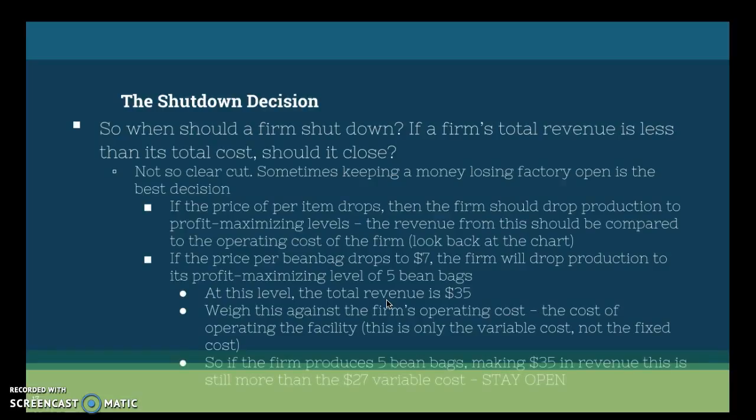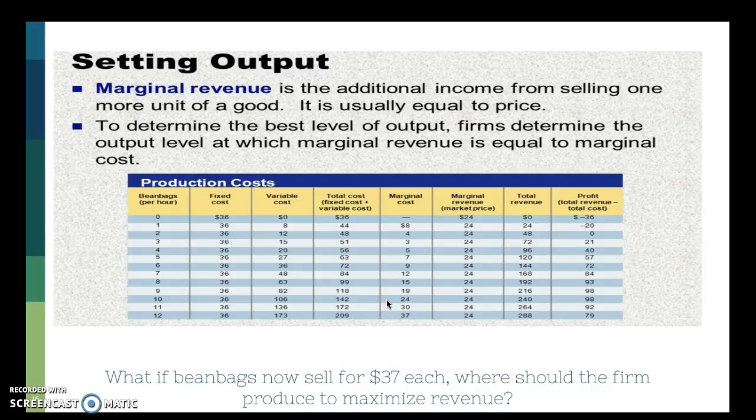So if we weigh it against that, we see that the firm produces 5 beanbags, which is making $35 in revenue, which is still more than the $27 variable cost. Let me show you this on the chart. If it's making 5 beanbags per hour, the marginal cost is $7.